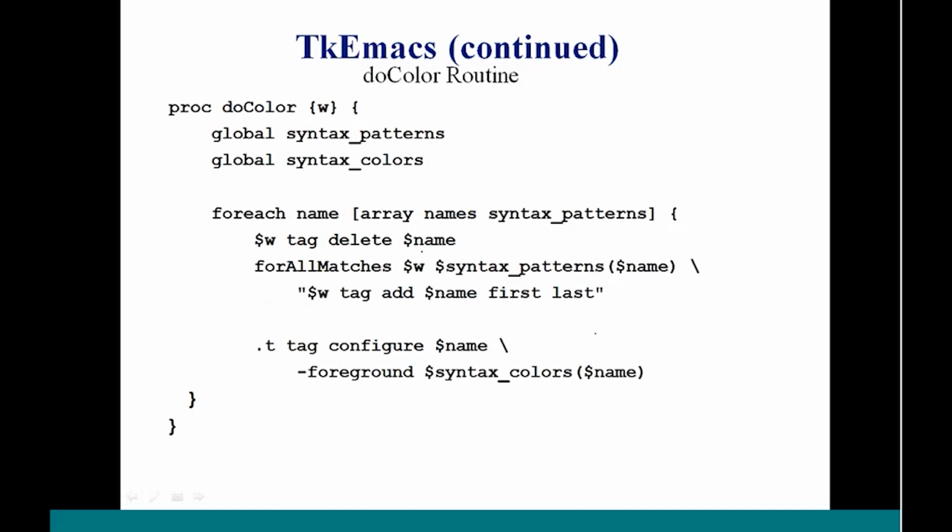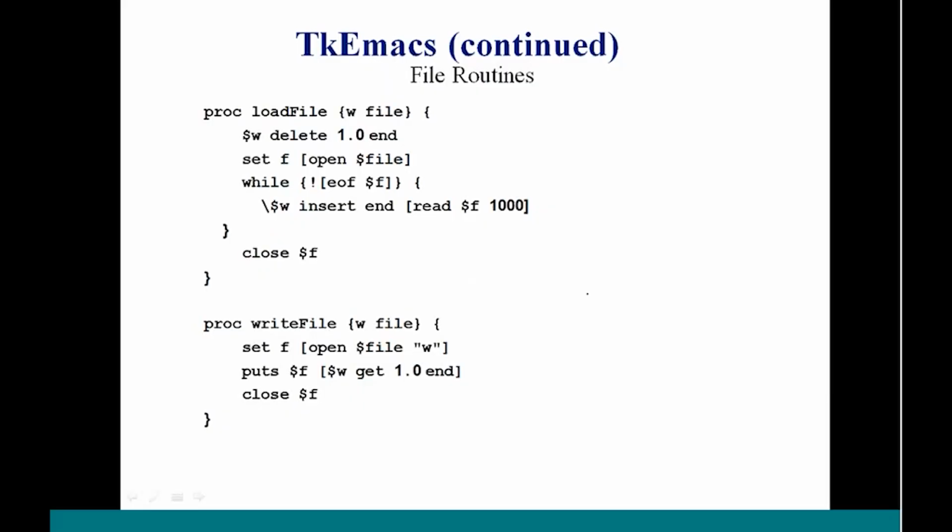And here is the do colors routine, which is for all the array names and for all the syntax pattern arrays called name, we go ahead and delete the tag and then do the tag first last. Okay, and now we load that file.